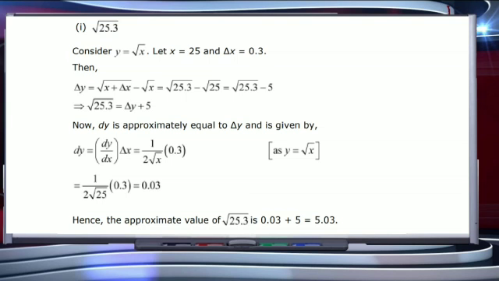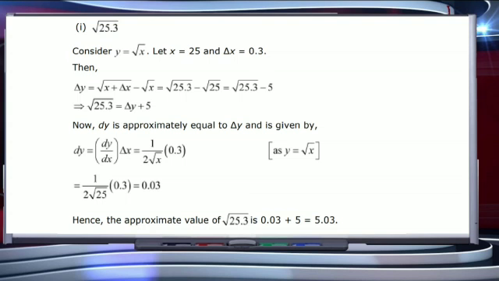If it is a cube root, we take the value whose cube root is possible; if it is a fifth root, the value whose fifth root is possible. Likewise we will take. And whatever the error, or you can say change, here 0.3 is the change, and that will be denoted by delta x.